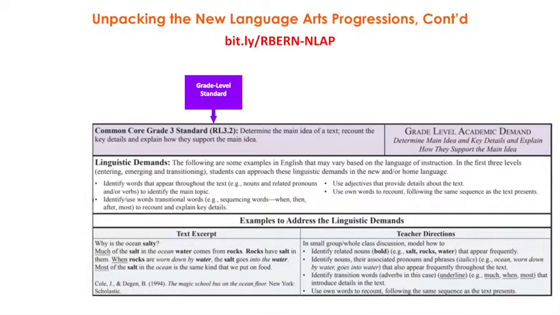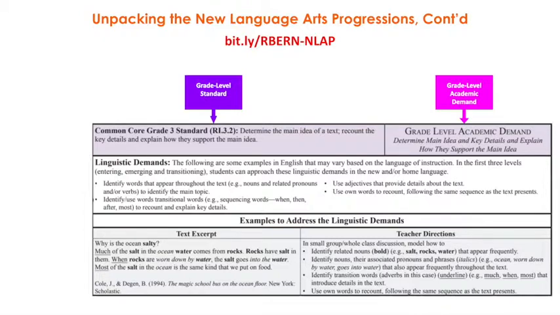At the top of this portion, the grade level standard is repeated, in this case, Reading for Information 3.2, as well as the grade level academic demand, determine the main idea and key details, and explain how they support the main idea.